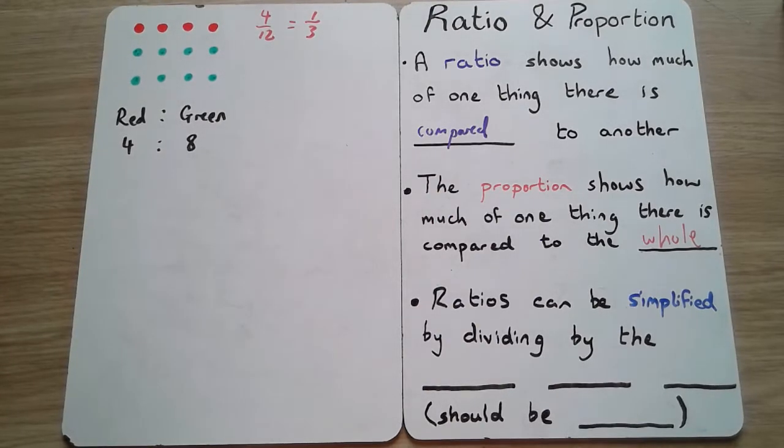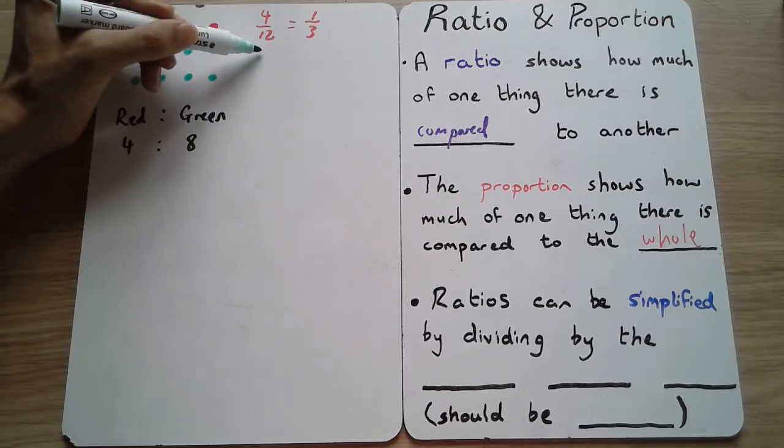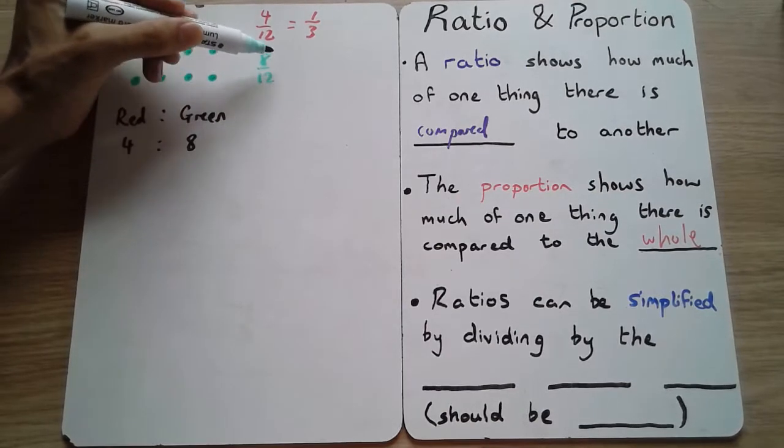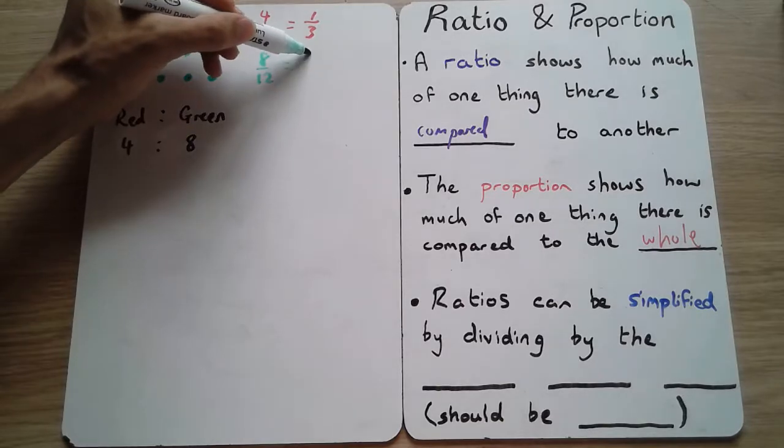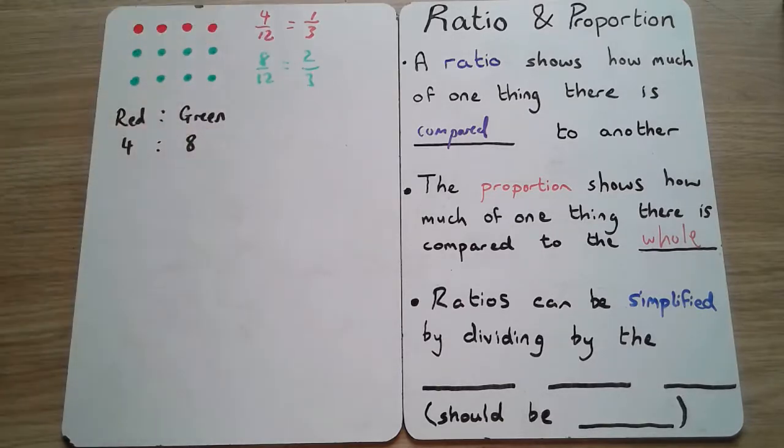If I said what is the proportion of green, however, well, that would be 8 out of 12, which is equal to 2/3. So proportion is just telling you how much of something there is in comparison to the whole.